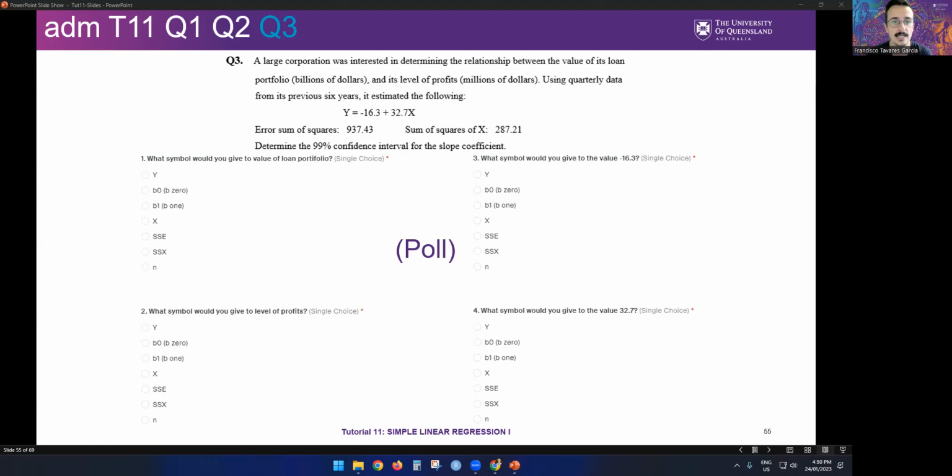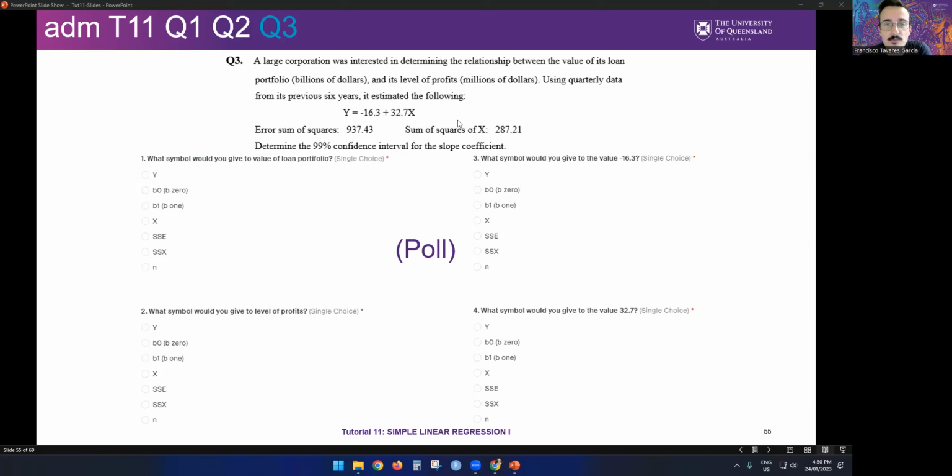Using quarterly data from its previous 6 years, it estimated the following: Y equals minus 16.3 plus 32.7 times X. And then they give us an error sum of squares, 937.43, and a sum of squares of X, 287.21. Then finally, they ask, determine a 99% confidence interval for the slope coefficient.